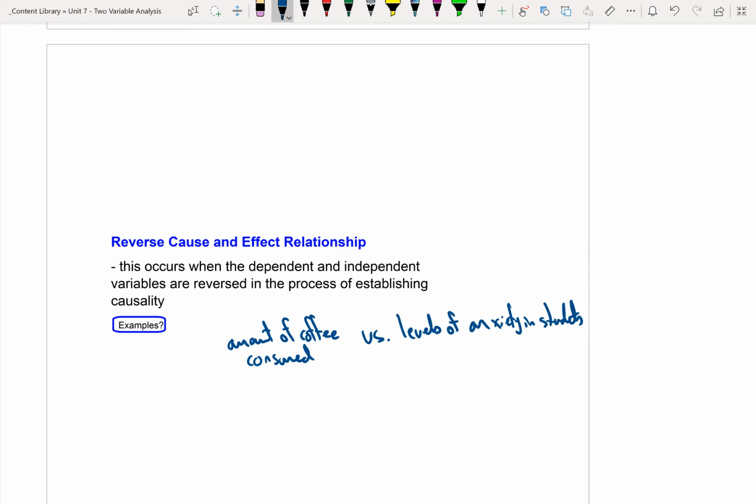So maybe that's what you're trying to determine, that the amount of coffee consumed causes high levels of anxiety in students.